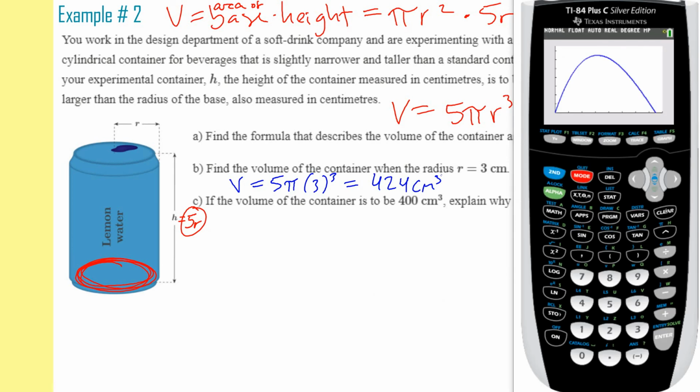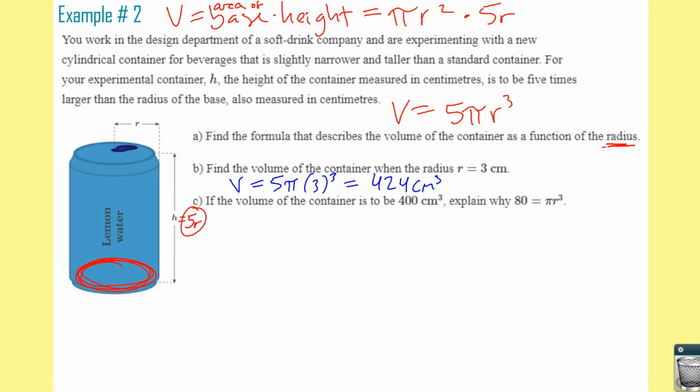In case you don't know where the pi symbol is, you can do 5 times, the pi is above the caret symbol, so you do second caret, and the pi pops up, times 3 cubed, or just 27, which is 424. So to 3 sig figs, it's 424.